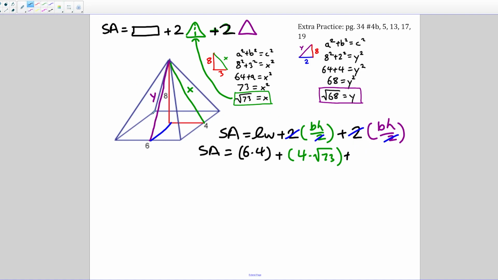So my purple triangle here has a base of 6. And we're going to multiply that with the square root of 68, which is the height of this purple triangle. So once I pop this all into my calculator, I end up getting an answer of 107.65. This would be units squared if I round to the nearest hundredth.